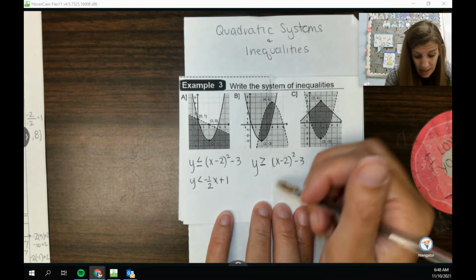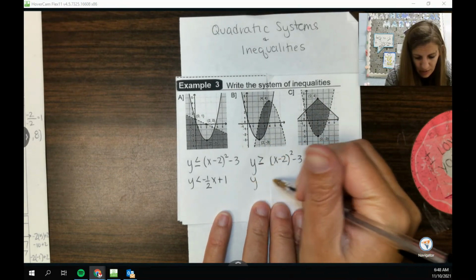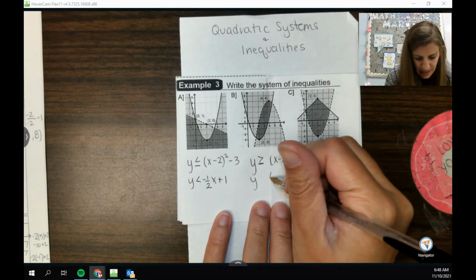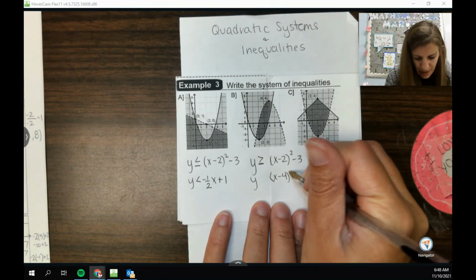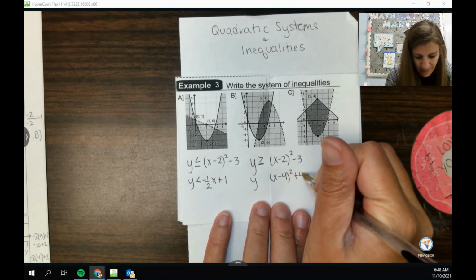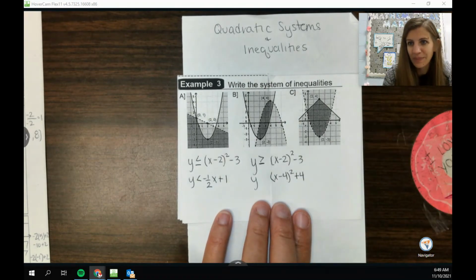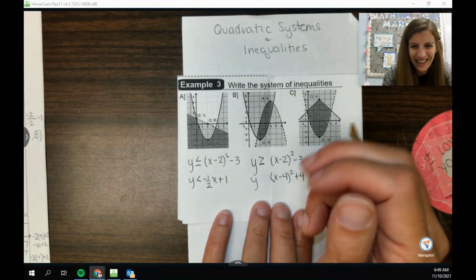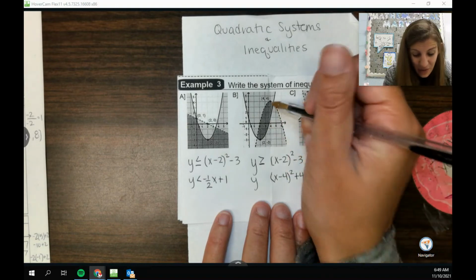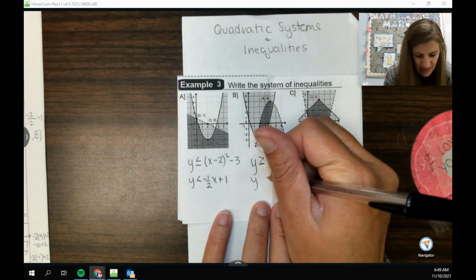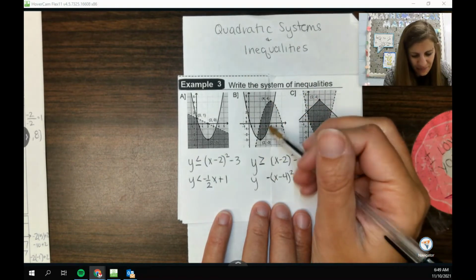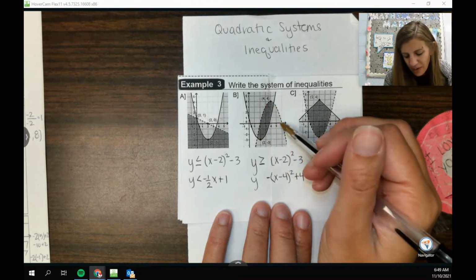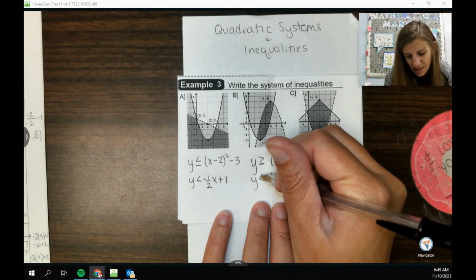The other parabola is not equal to, so we're not going to put the little equal to line. I can see the vertex again, so we're doing x minus 4 squared plus 4. Slope of -1 this time because we are pointing down. And again, it looks like they shaded below that, so we're going less.